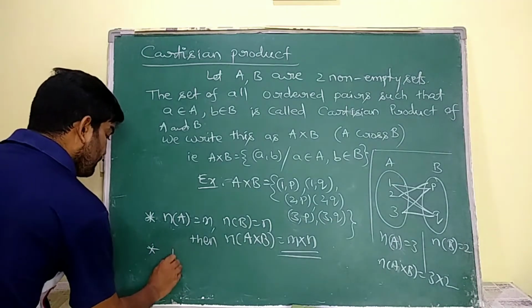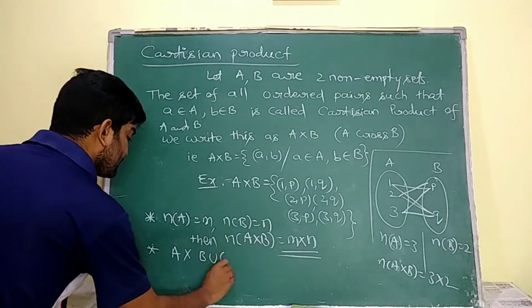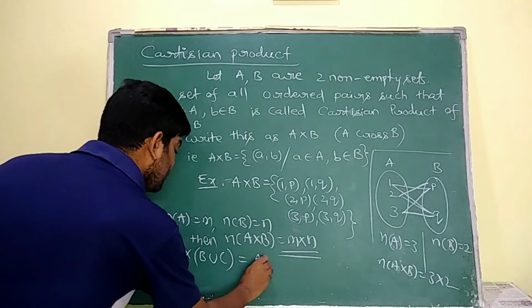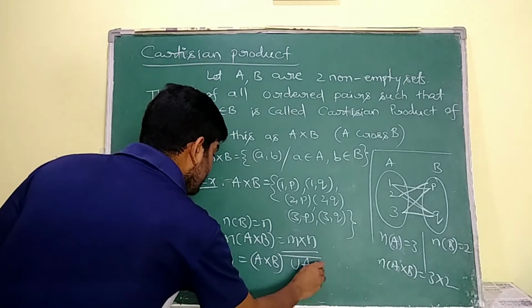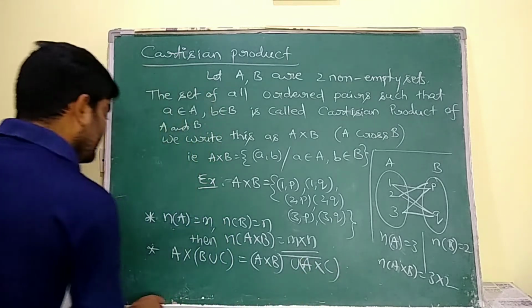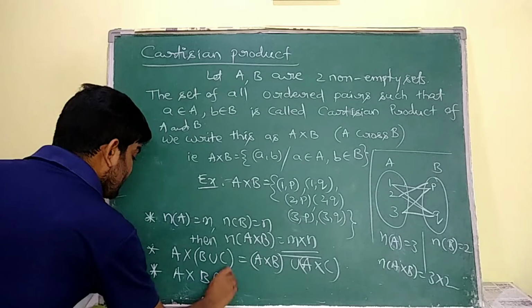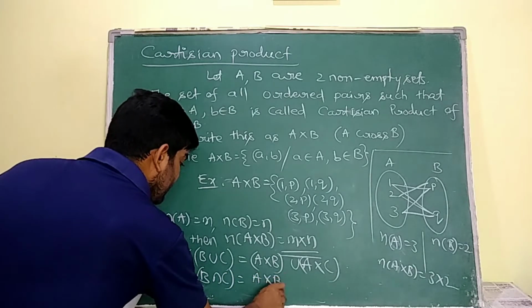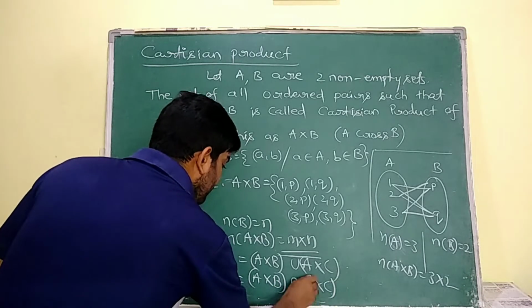Now, if A cross (B union C) is given to us, it is expressed as (A cross B) union (A cross C). Similarly, A cross (B intersection C) is equal to (A cross B) intersection (A cross C).